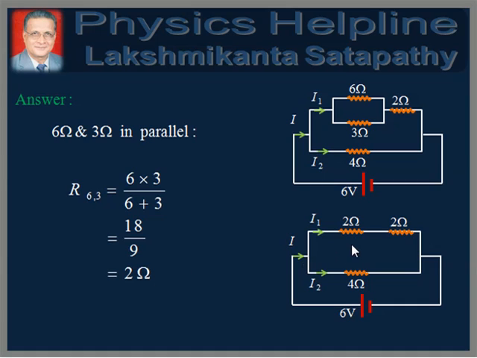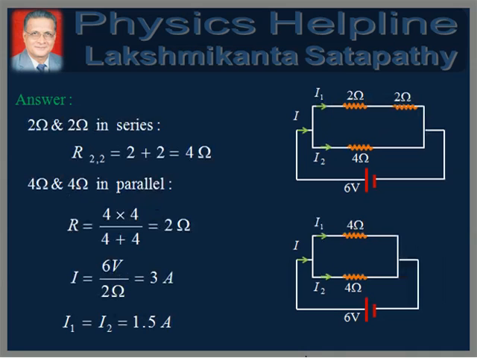In the simplified figure, we have replaced the parallel combination of 6 ohms and 3 ohms with a single resistance of 2 ohms. Now, this 2 ohm and 2 ohm are in series, therefore the equivalent resistance will be 4 ohms, denoted by R22, which is equal to 2 plus 2, which is equal to 4 ohms.